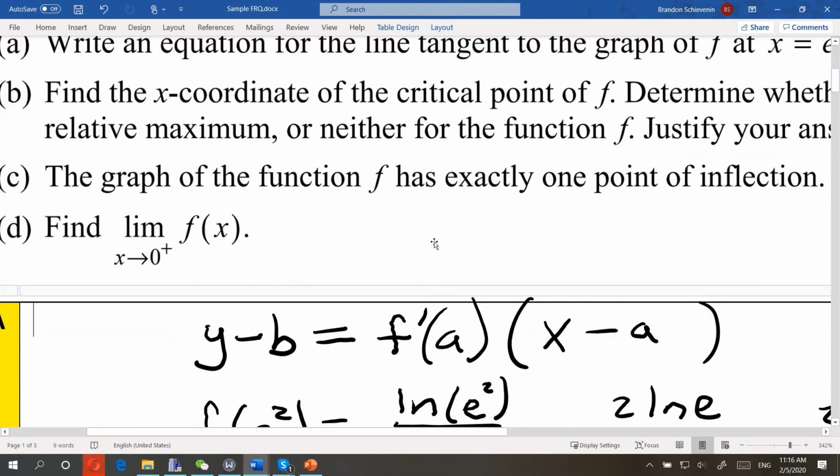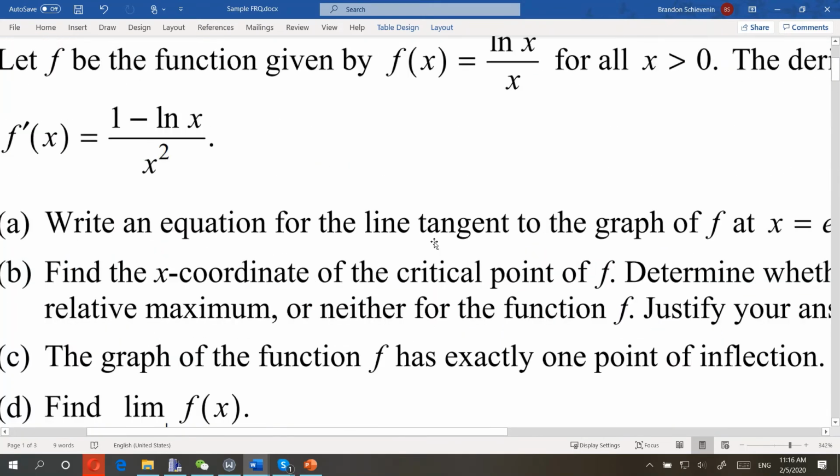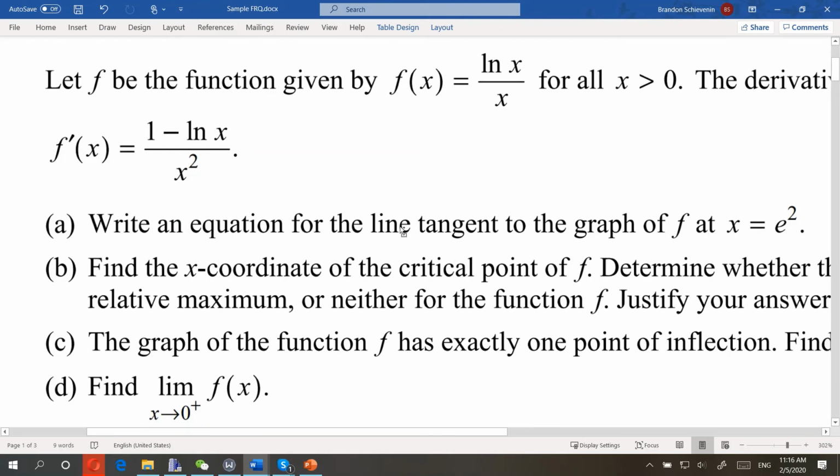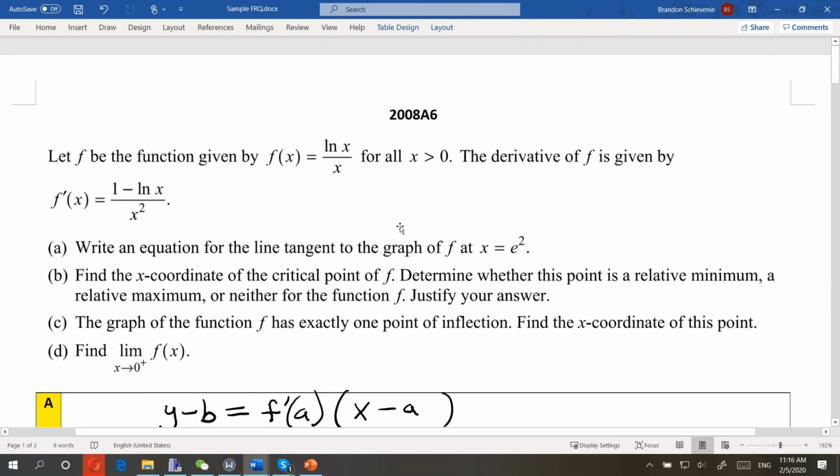Part C. We were told that our graph has one point of inflection, and I want to find the x-coordinates of the point of inflection. So before I jump down, how do I find the point of inflection? The second derivative.